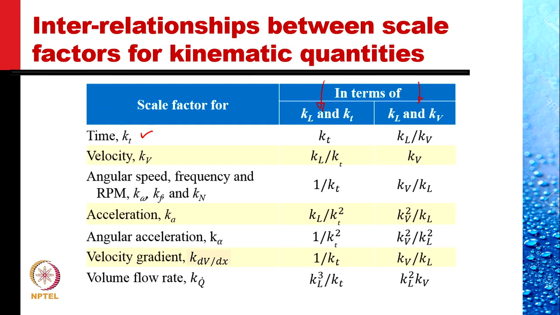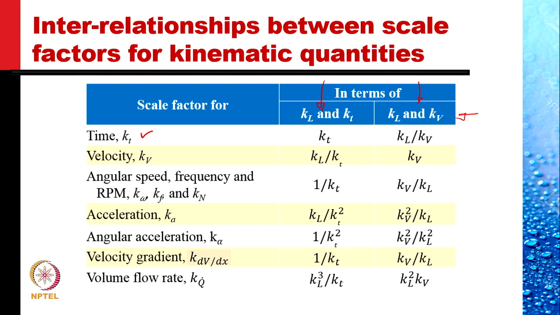Usually in fluid mechanics, length and velocities are preferred uniquity parameters. So, the second column is quite useful in fluid mechanics problems. Elsewhere, Kl and Kt may be used.